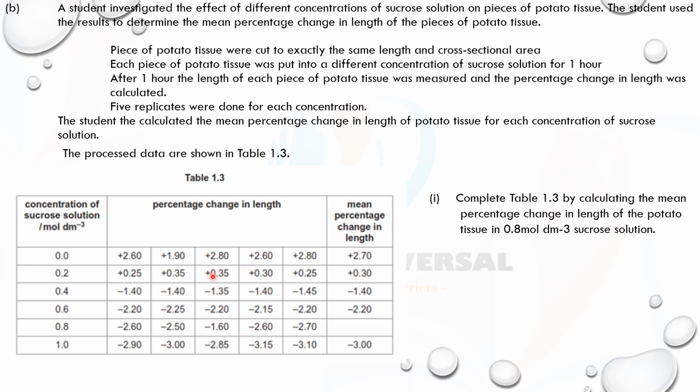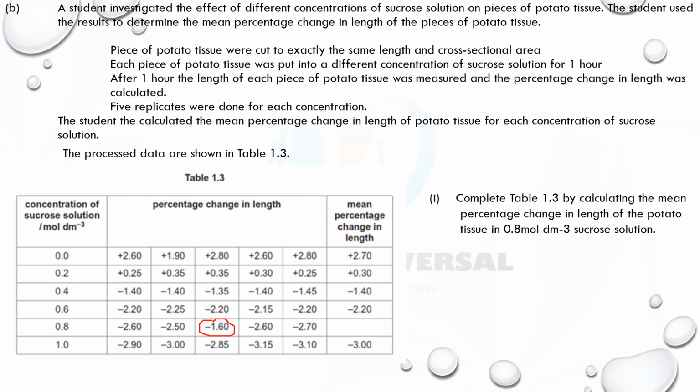Instead of decreasing, it increased here, because this minus 1.6 is greater than this. And then it decreases again. So this is anomalous. We can't use it to do the calculation. It is the odd one out, the black sheep of the group. Take it out.